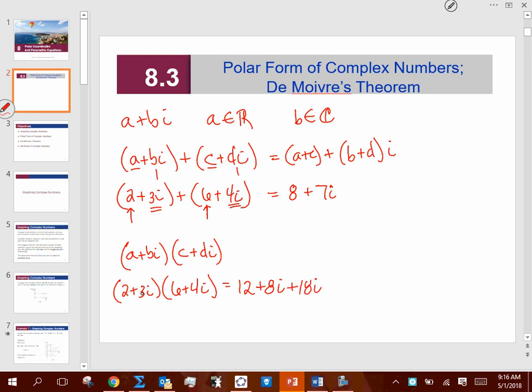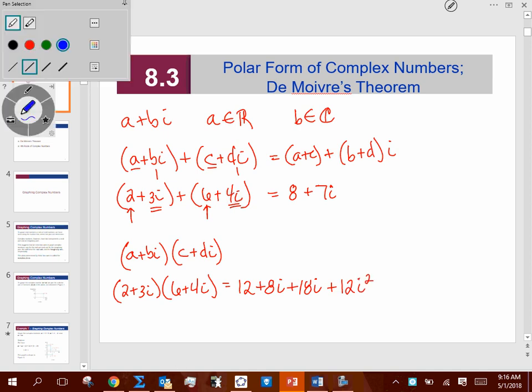And now 3i times 4i gives me 12i squared. But what's that i squared turn into? Yeah, i squared is, by definition, equal to -1. So now we've actually got a minus 12 here, right? So we get 12 minus 12, which gives me 0. And then 8i plus 18i gives me 26i, right?